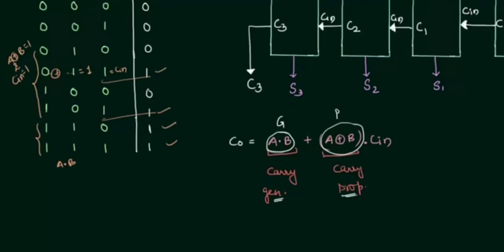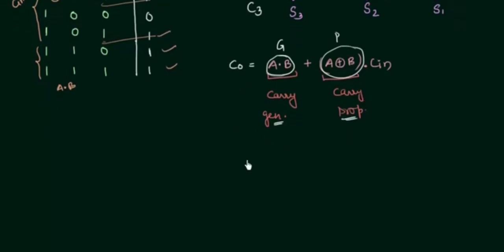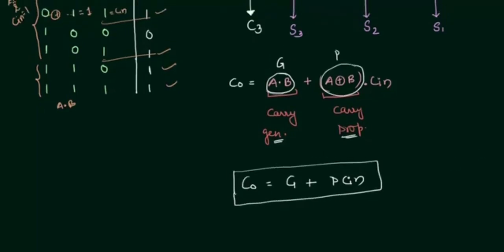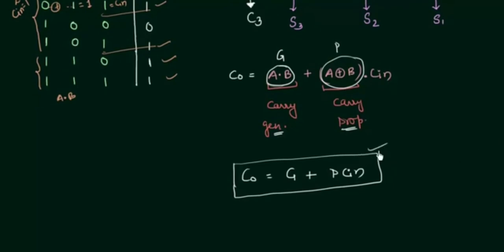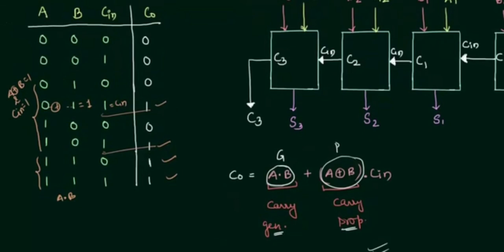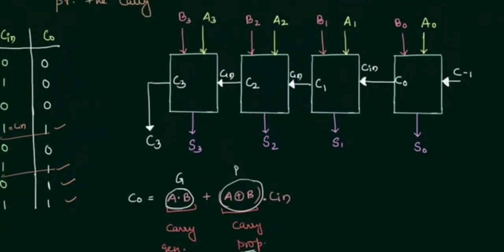Okay, so how can I write this? C out is equal to G or P C in. So we have stepped into the process of predicting our carry output once we have this equation. So let's generalize it, and generalization will be done by using this full adder configuration. If C minus 1 is your carry input, C0 is your carry output.